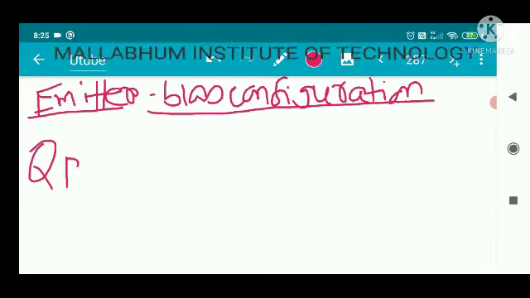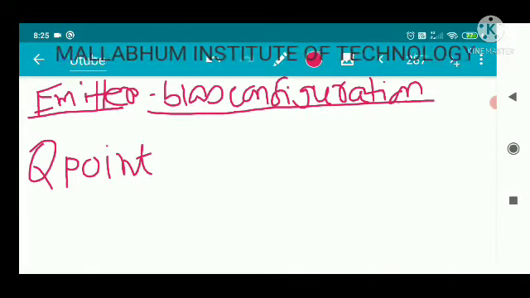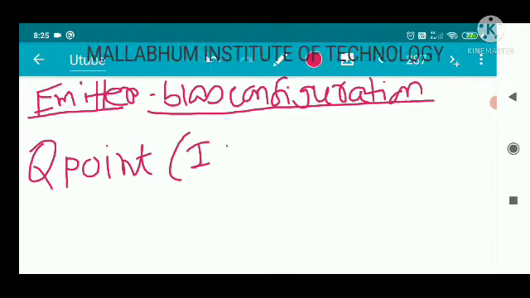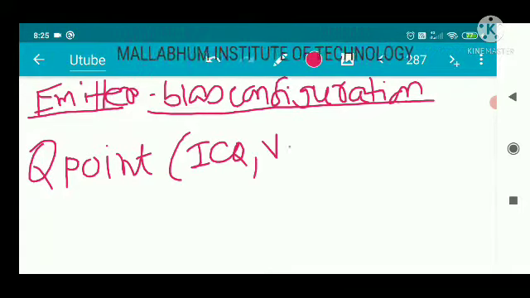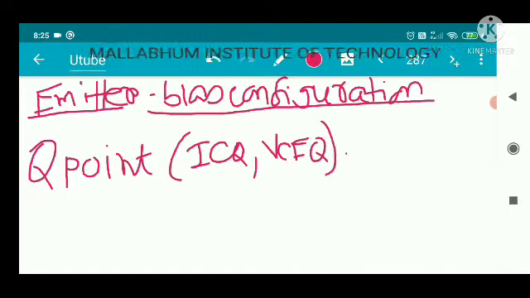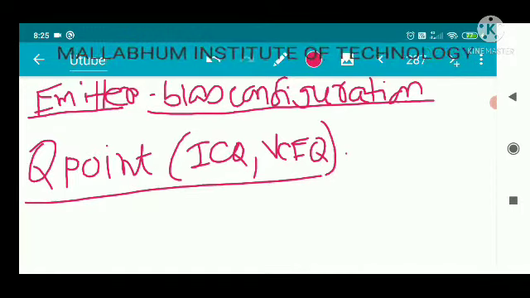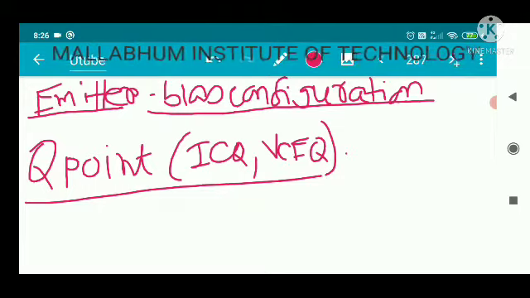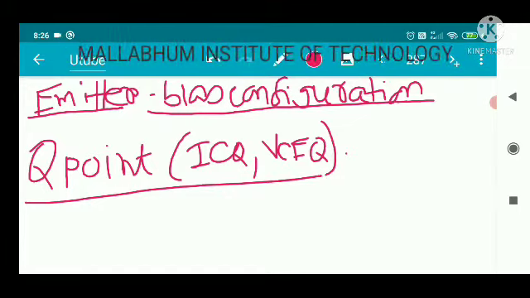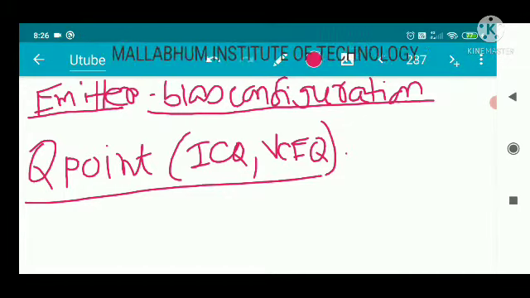Now the Q point in the circuit is always similar, like ICQ. We will try to calculate the ICQ and the VCQ, and see that if different parameters change, the Q point will be fixed in this case, and what is the advantage of using the emitter resistance here.